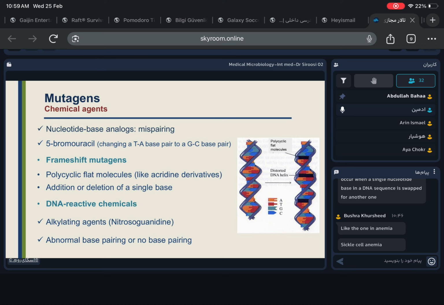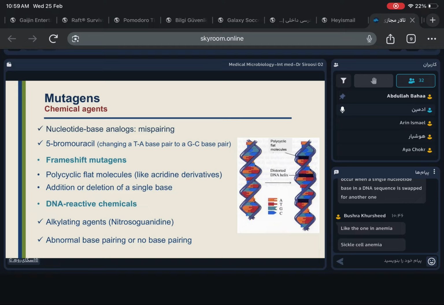Frameshift mutagens are polycyclic molecules. They are flat and they are polycyclic. An example is acridine derivatives. They actually intercalate between the base pairs in the DNA helix, as you can see in this image. It disrupts the normal spacing between the base pairs, and it can result in insertion or deletion of a nucleotide during the replication.